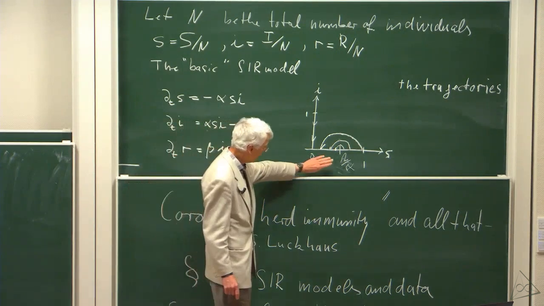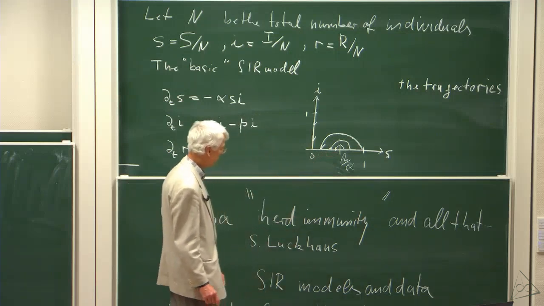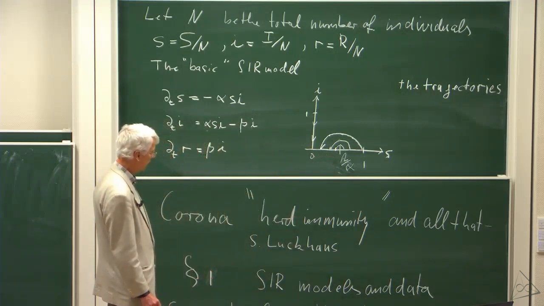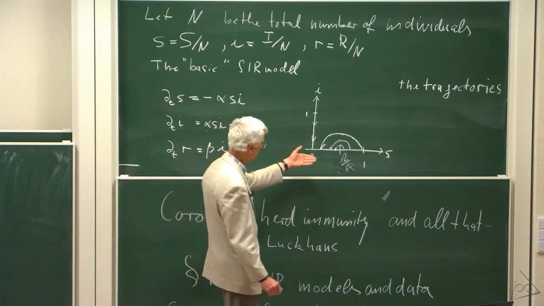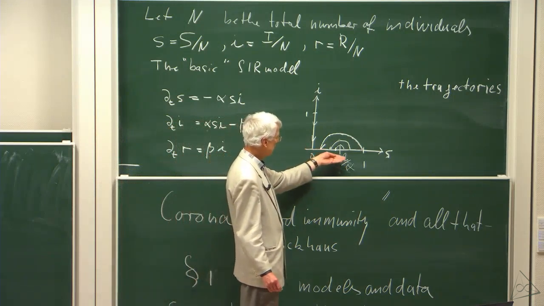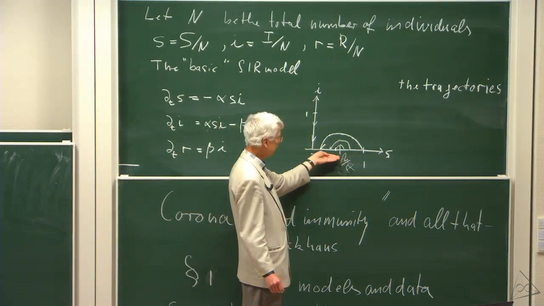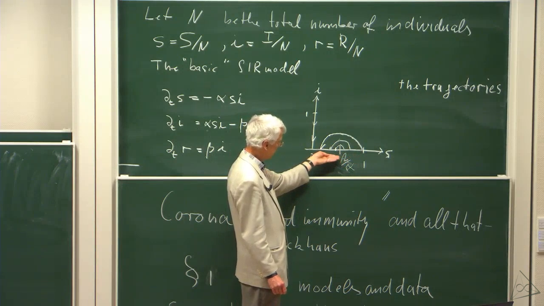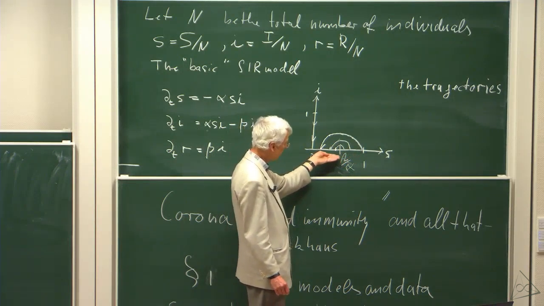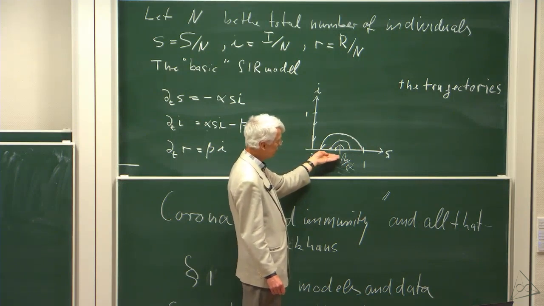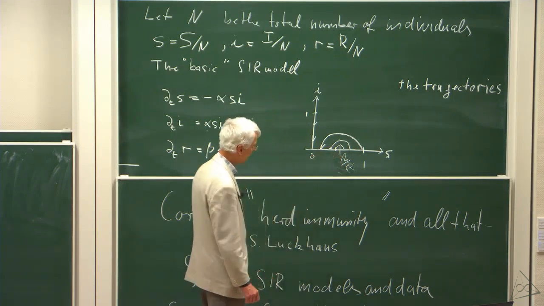And that value here, beta over alpha, that is what we call the herd immunity. So if your population has a number of susceptibles which is already smaller than beta over alpha, it is no longer possible for the epidemic to start again.